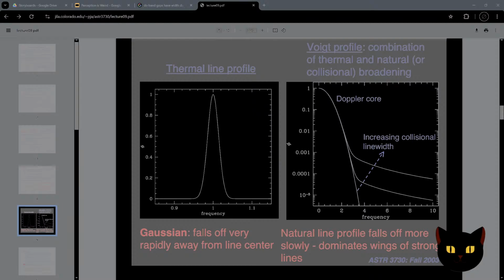Here on the left, thermal line profile. We get a fairly steep curve.